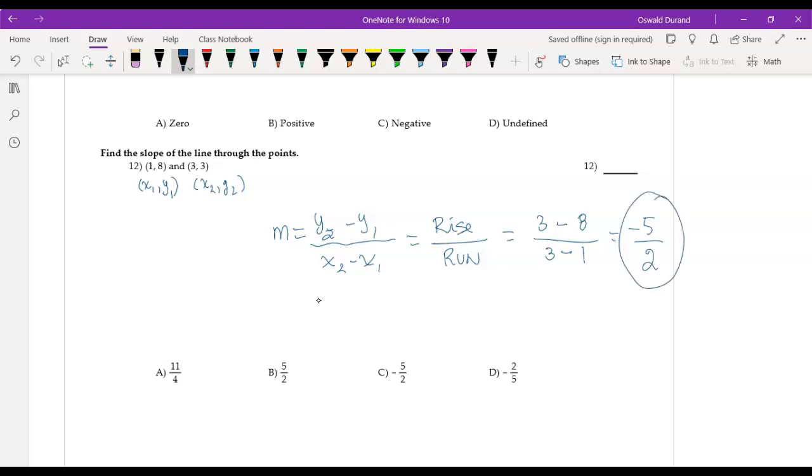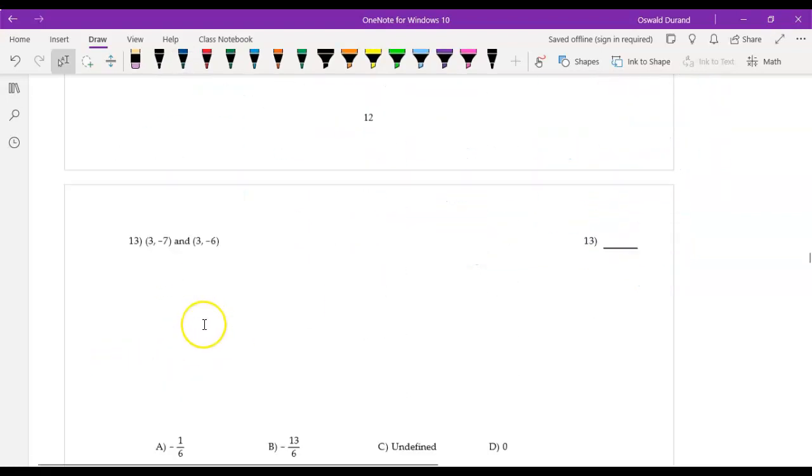What does that slope tell me about the line that goes through those 2 points? Well, if it's negative, we know the line is decreasing. That's the first thing that should pop up in your mind. When you know the sign of the slope, you should also determine what the graph looks like. And it looks like this because of the negative. Okay, so let's do one more.